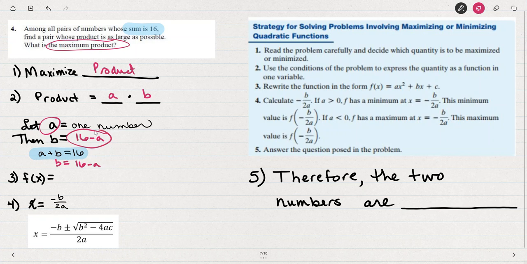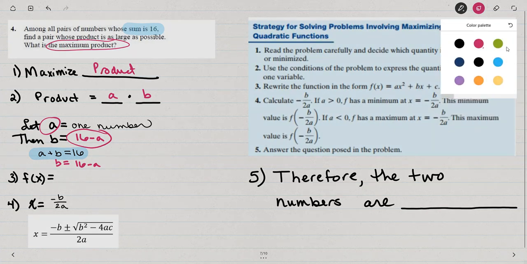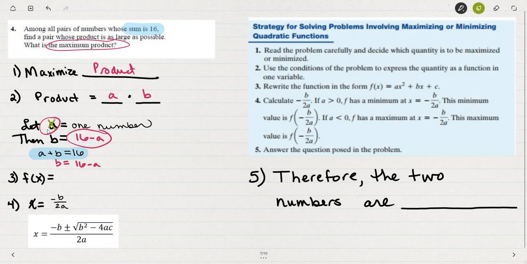Now if I rewrite this with f of x notation, if I called the first number x, then the second number would be 16 minus x. I could write their product as x times 16 minus x. And that's the hard part of the problem.